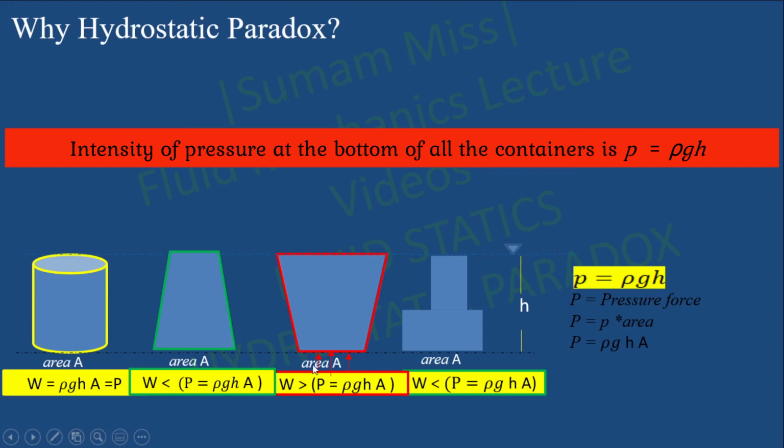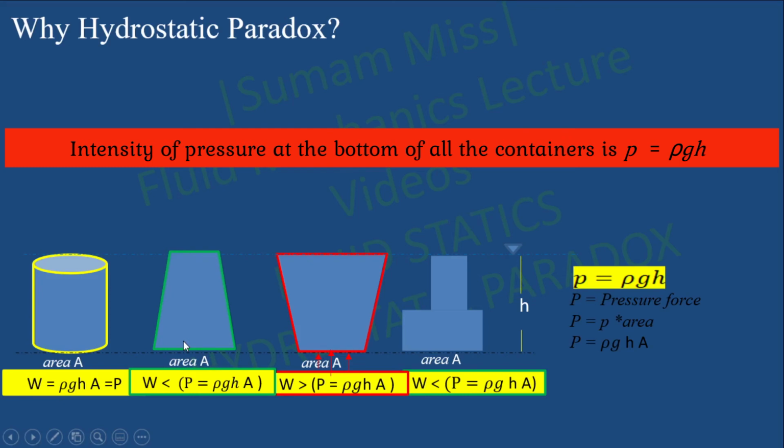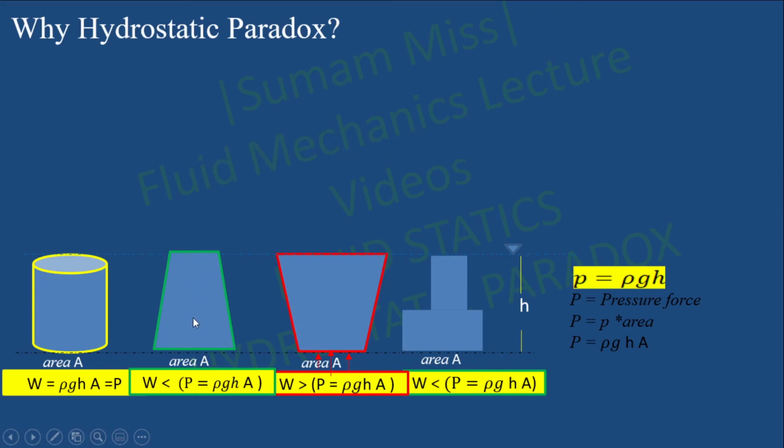For the third container, the weight is more than the pressure force acting at the bottom of the container, whereas for the fourth container, the weight is less than the total pressure force acting at the bottom of the container. The pressure force at the bottom is to be balanced by the vertical downward forces. So there should be an equilibrium between the vertical forces.